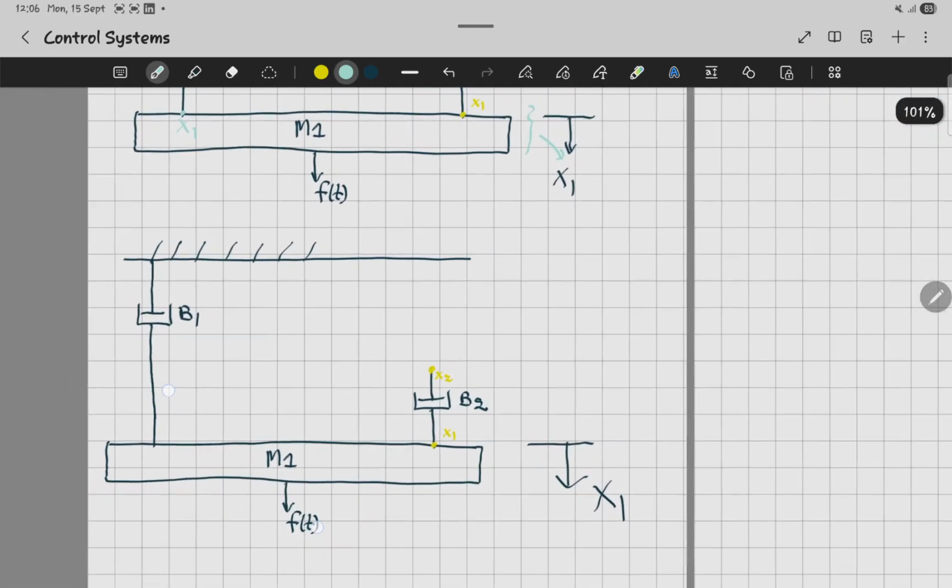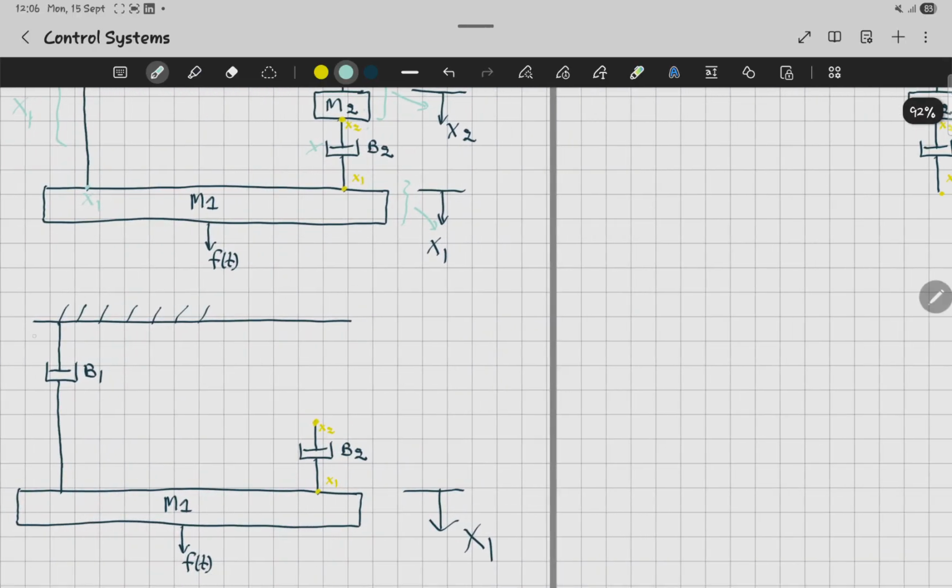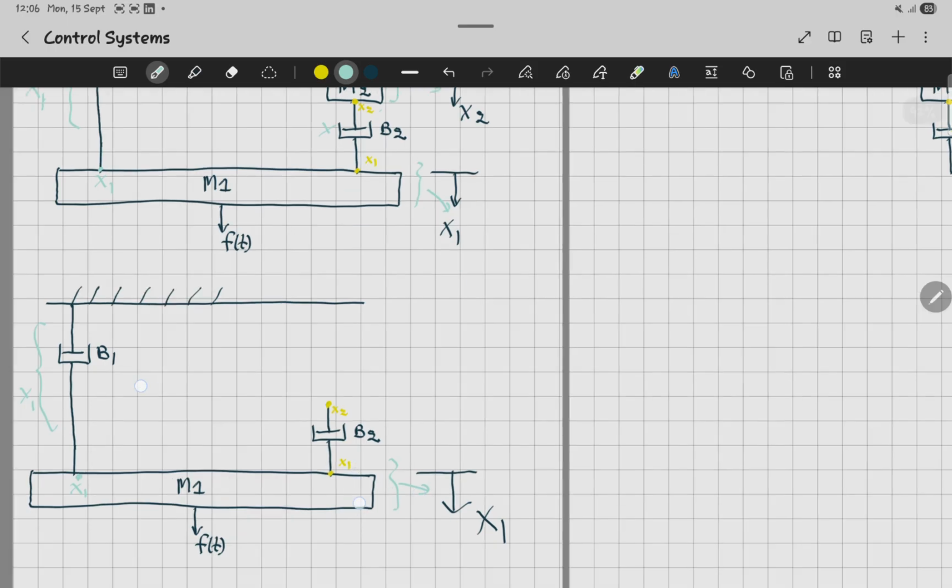So this one's gonna be based on x1 because mass 1 is x1 and this b1 is not connected to mass 2. So all of this here is gonna be x1, even that side.